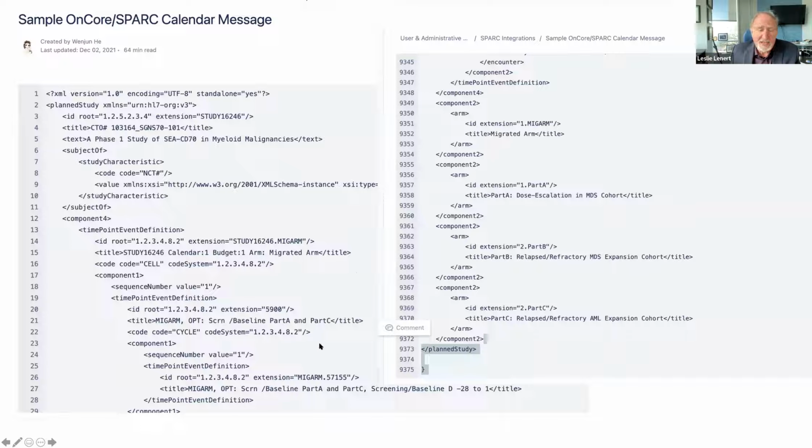My hat is off to Epic for being able to read a document as complex as this and turn it into something useful. Nancy, notice that I am tipping my hat to you, and I hope you appreciate it for all the work that Epic has done and other vendors have done to take this standard and to actually turn this into computable code on the backside of a program through an API.